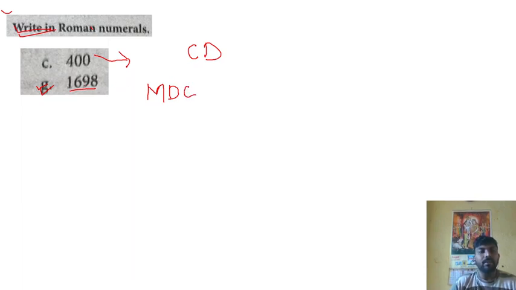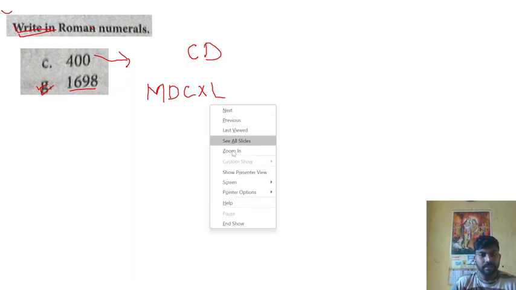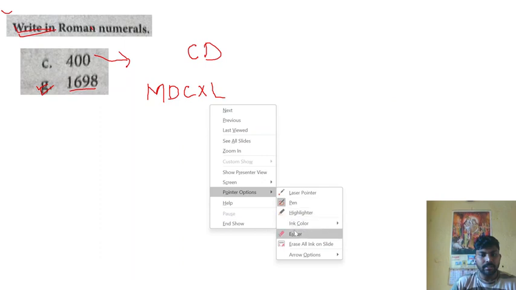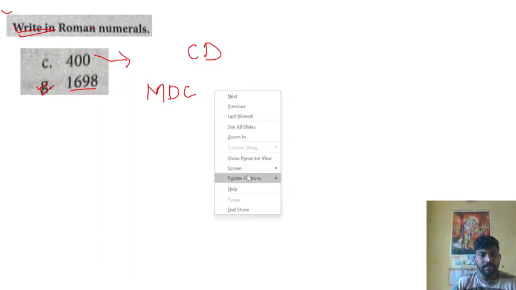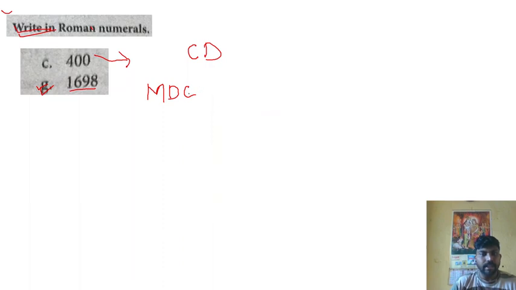Then we have to do the 90. At first I will write 50, and 50 minus 10 is 40. Okay, sorry, then it is 1600.